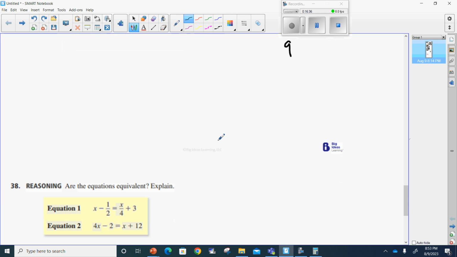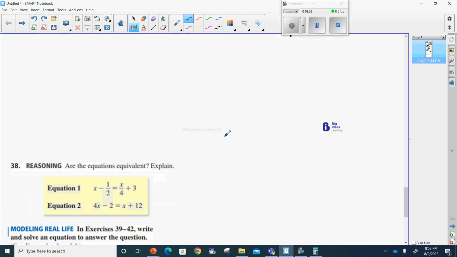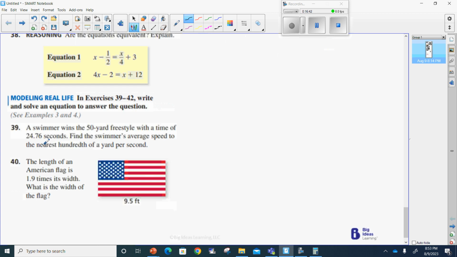Okay, the last one that I'm doing for you tonight, because you have number 38 to do. I got number 39, you have 40. Number 39 says, write and solve an equation to answer your question. A swimmer wins a 50-yard freestyle with a time of 24.76 seconds. Find the swimmer's average speed to the nearest hundredth of a yard per second.